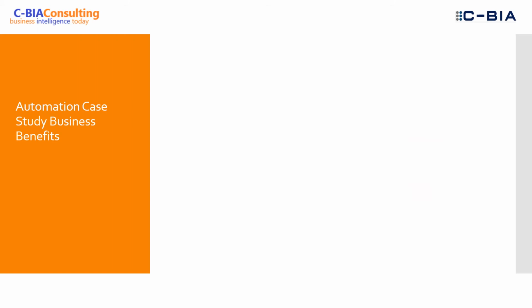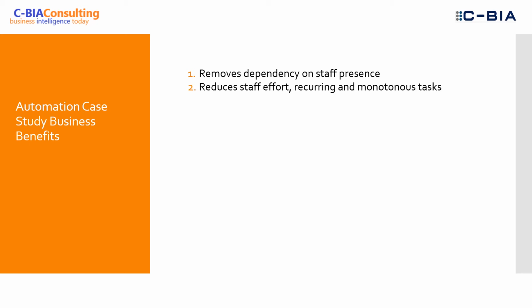So what are the benefits of automating everything? In this particular case study, we use an example. Well, firstly, it removes dependency on staff presence. And of course, that is a particular challenge for many organizations today in the era of COVID-19. But it also reduces overall staff effort and also the recurring and monotonous tasks associated with this, often, for example, using Excel to extract, edit and upload data files manually.